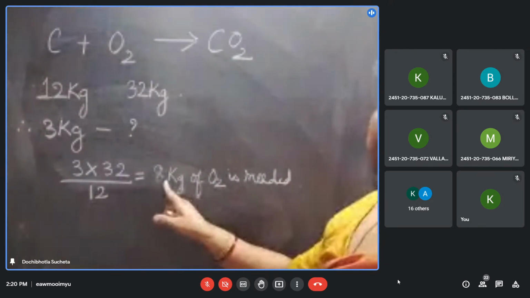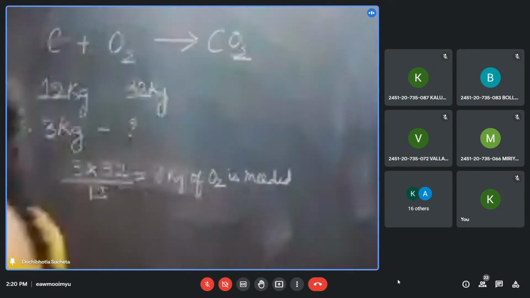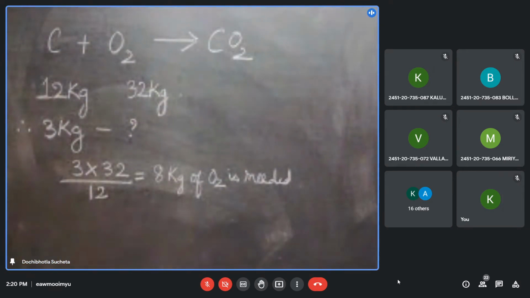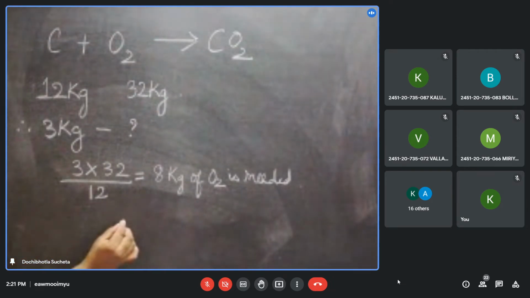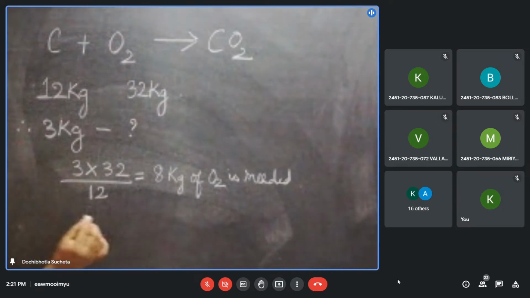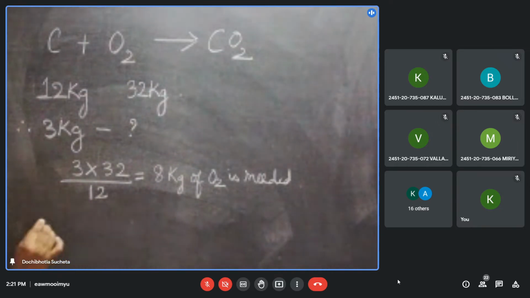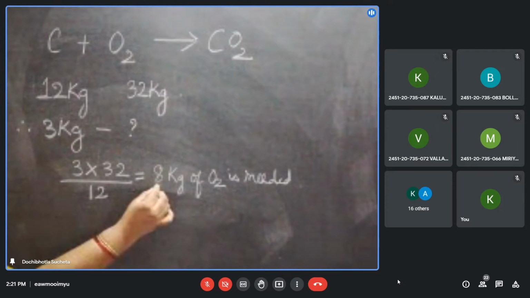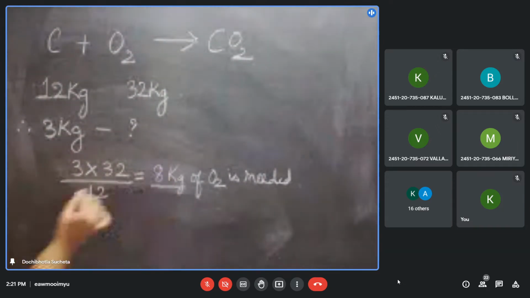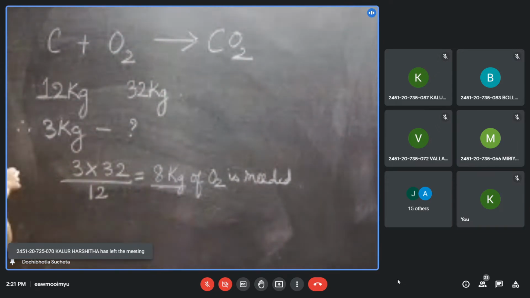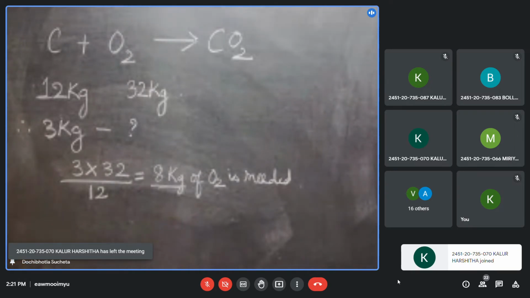This is by weight, kgs, so direct weight. So what do we say? 100% of air contains 23% oxygen. So how much is required for 8 kgs? 100 into 8 divided by 23 kgs.